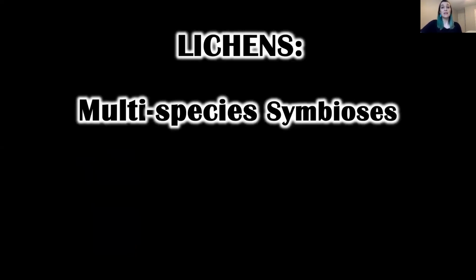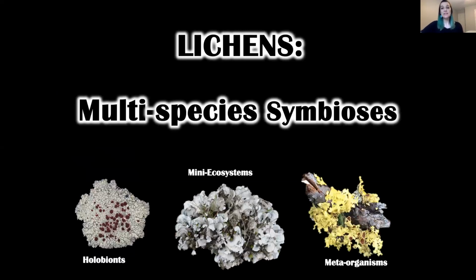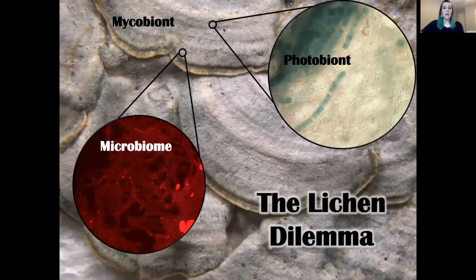And due to this added multiplicity and unique symbiotic structures, lichens have been described as mini ecosystems, holobionts, or meta-organisms. So what is the lichen dilemma? The dilemma is how to explore and properly assess diversity in lichens, given that there is just so much going on.